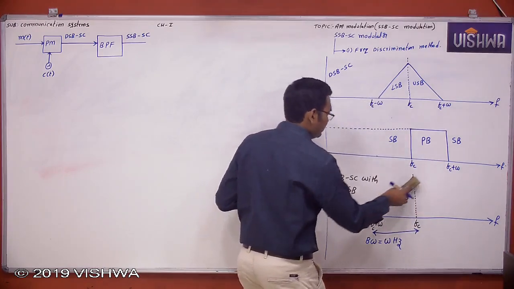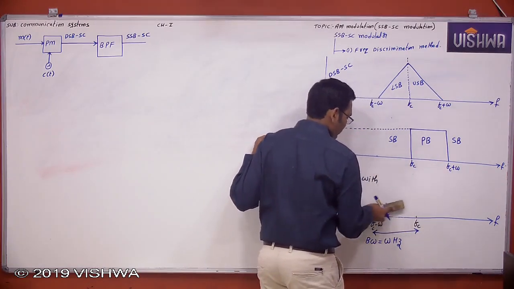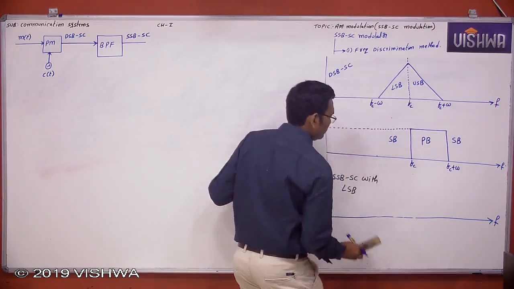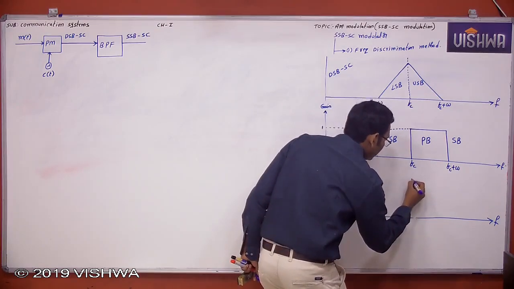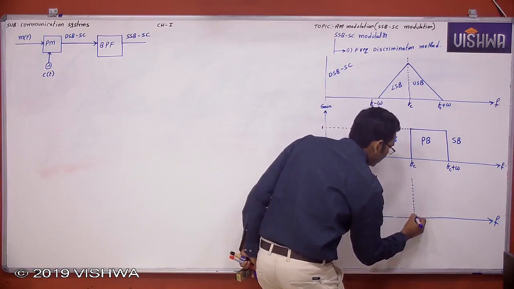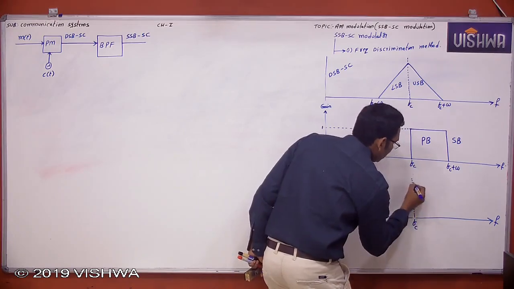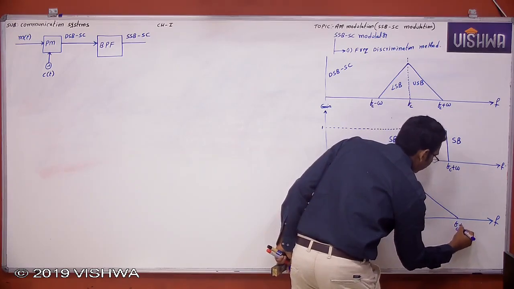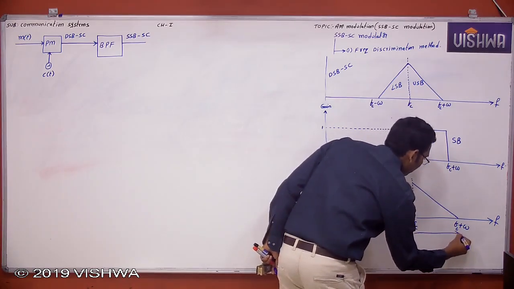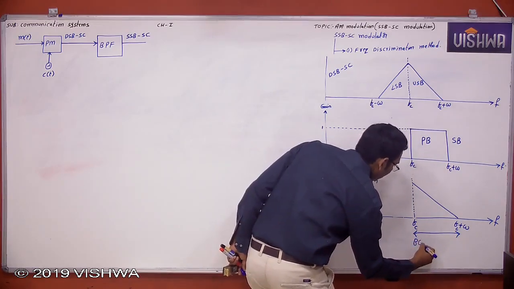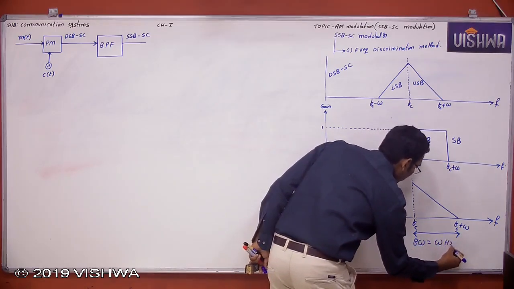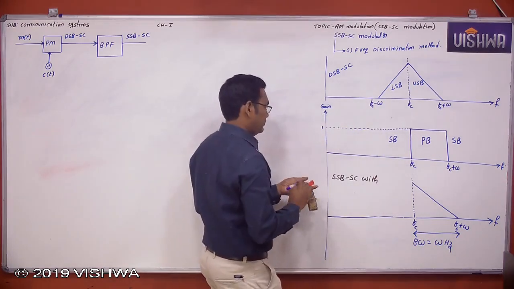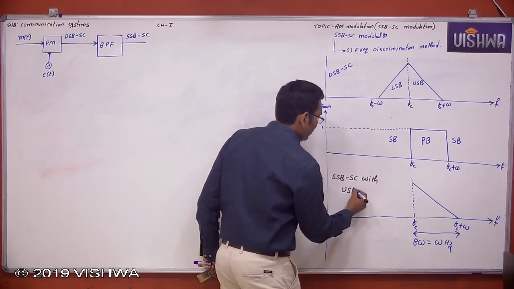Now this is SSB-SC with upper sideband. This is the bandwidth of the SSB-SC signal, which is equal to omega hertz.